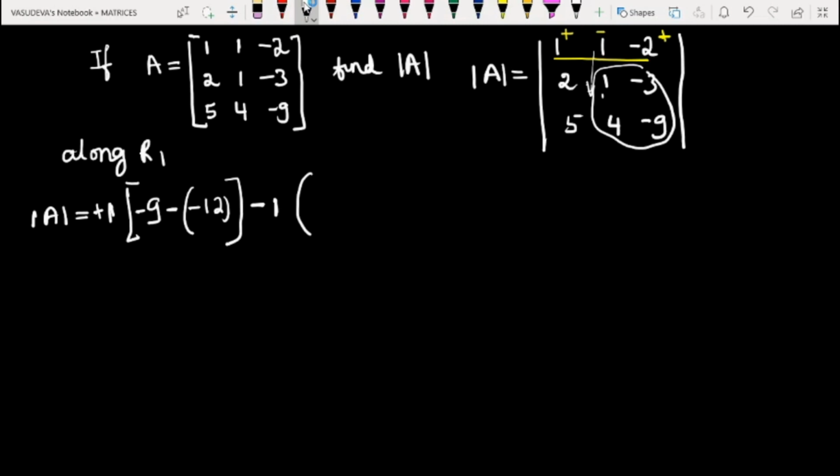The remaining elements are 2, minus 3, 5, minus 9. Multiplying crosswise: 2 into minus 9 minus 5 into minus 3.